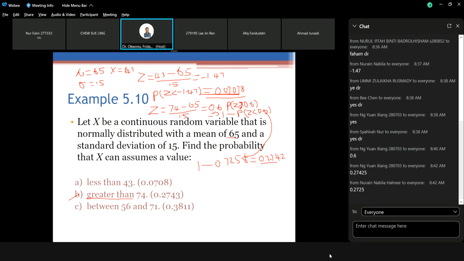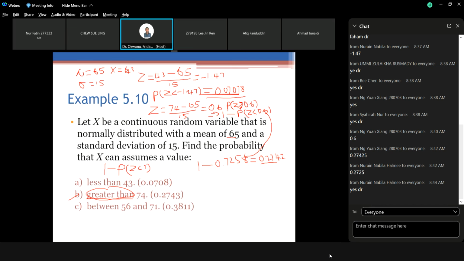So anytime you have this greater than, okay, you simply convert it to P less than Z, whatever value. Are we together on this?